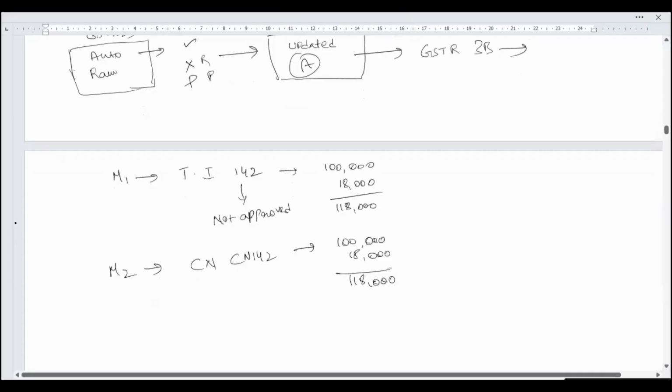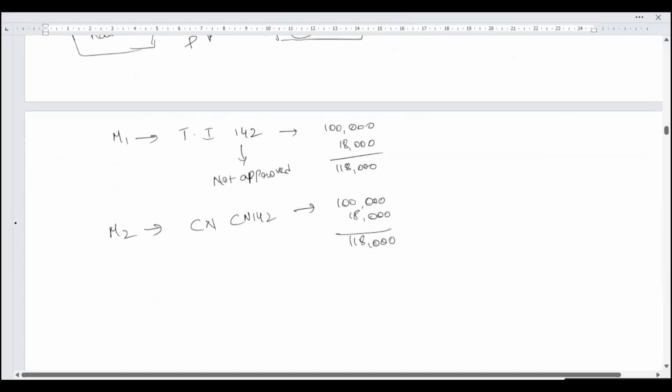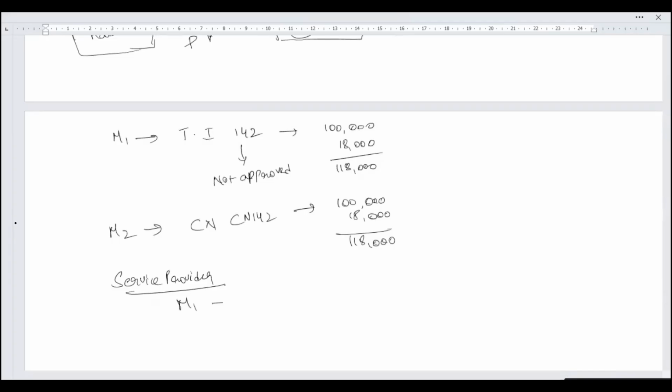Now, let's look from the service provider's point of view. Assuming only this bill is there and nothing else, in month 1, output tax is paid for how much? 18,000.